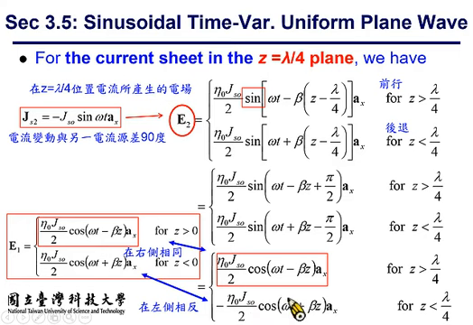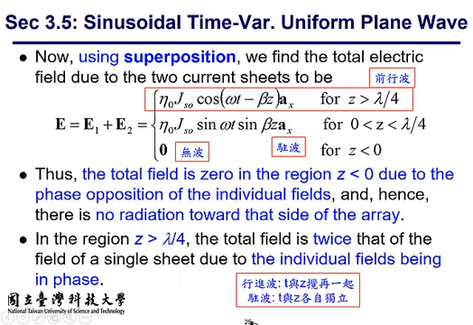So they are nearly the same, except the signs are different. So the addition of the two in the z smaller than 0 region is what? Well, luckily it's 0. So as long as z is smaller than 0, the total field is 0. So you have nothing.